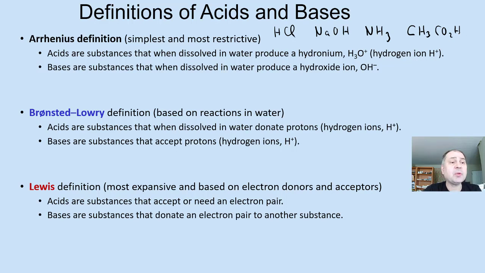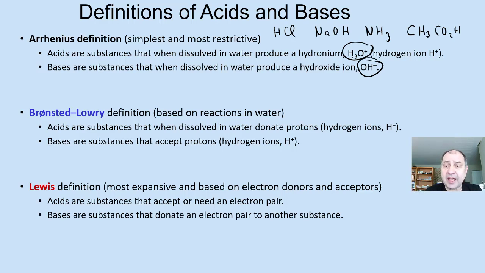So the simplest definition is the Arrhenius definition. It basically says anything that when dissolved in water produces hydronium ions is an acid, and anything that produces hydroxide ions is a base.